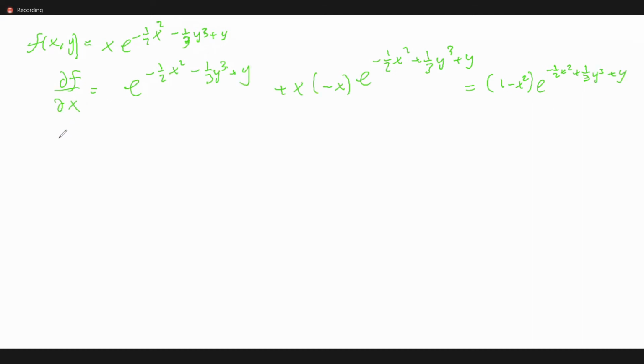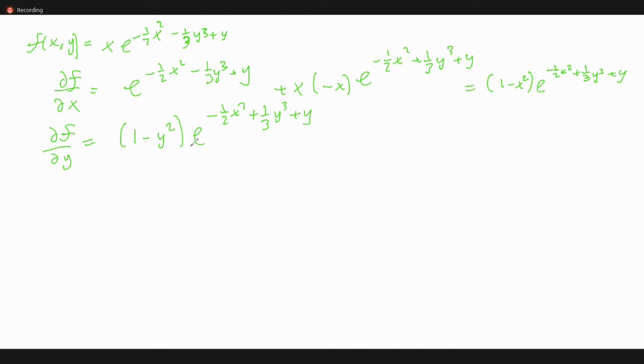Then we take the partial derivative of f with respect to y. In this case, we see that x is considered as a constant, and we differentiate only with respect to y. So this gives us 1 minus y squared times e to the power of negative 1/2 x squared plus 1/3 y cubed plus y.